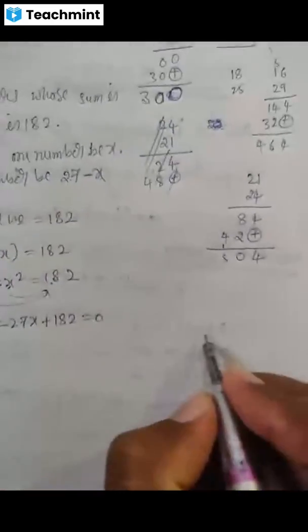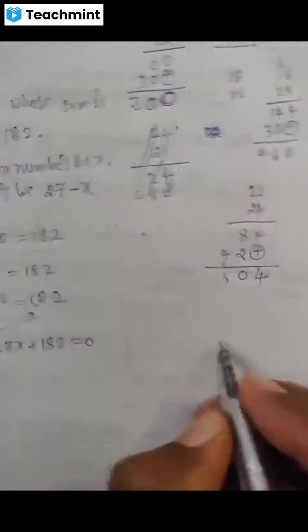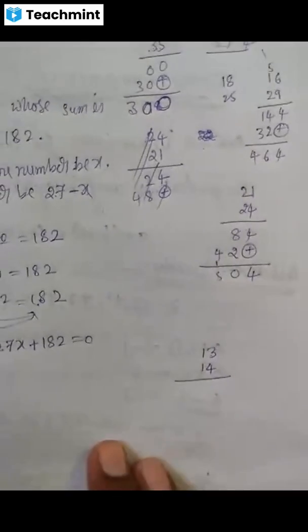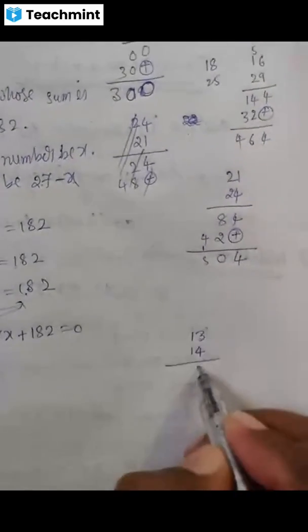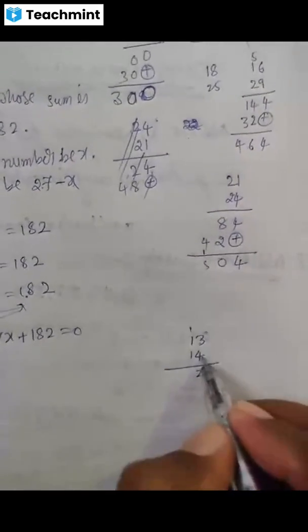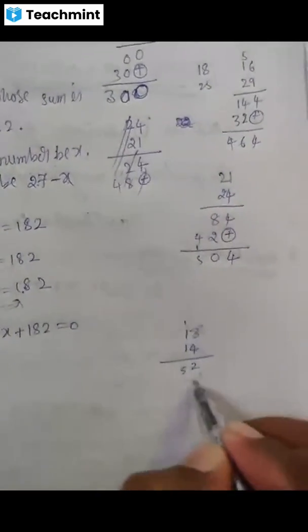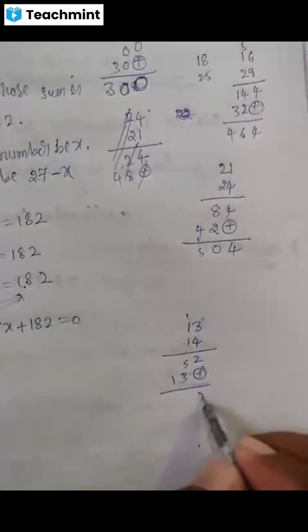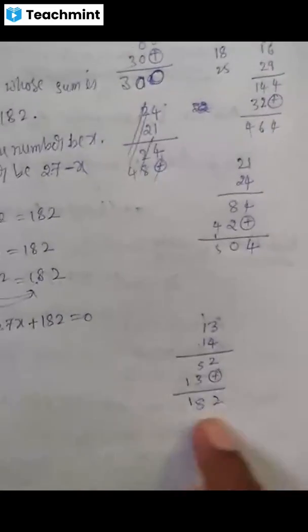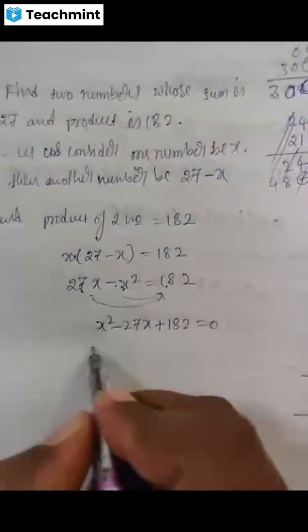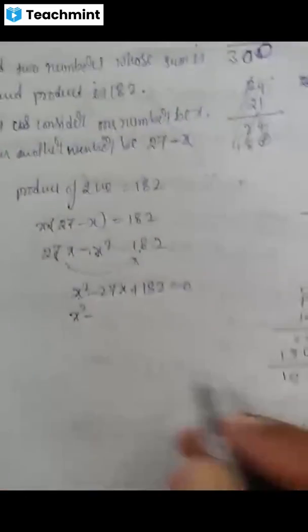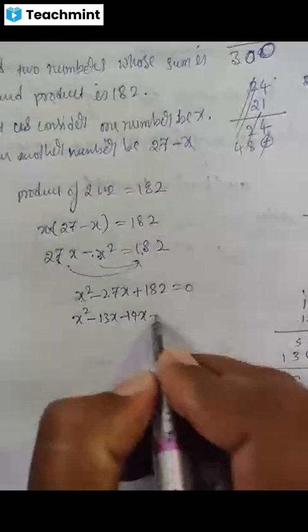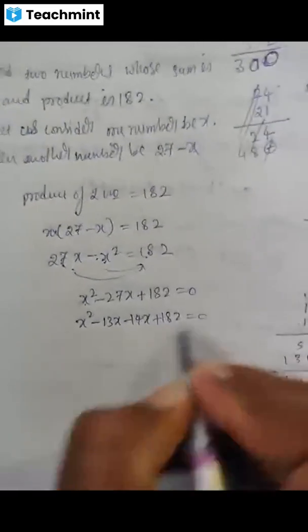So we'll try exactly the middle split, 13 and 14. 14 times 13 is 182. We got it in one step. So x square minus 13x minus 14x plus 182 is equal to 0.